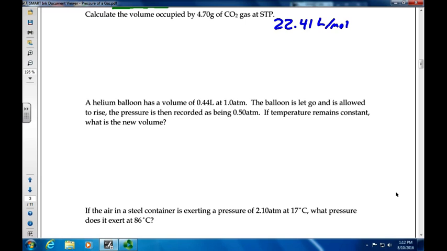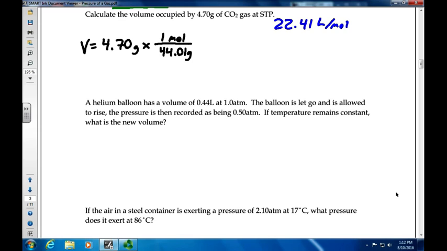Assuming that, we can then calculate our volume by simply saying that volume is equal to 4.70 grams times 1 mole over 44.01 grams, which is the molecular mass of CO2, and we just manipulated it.